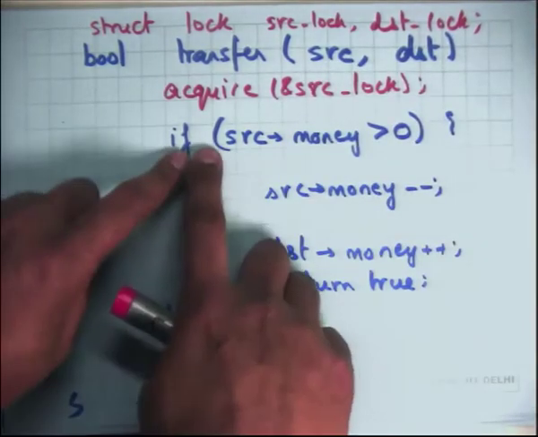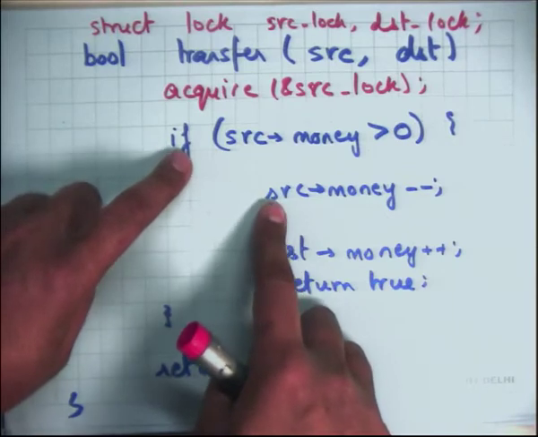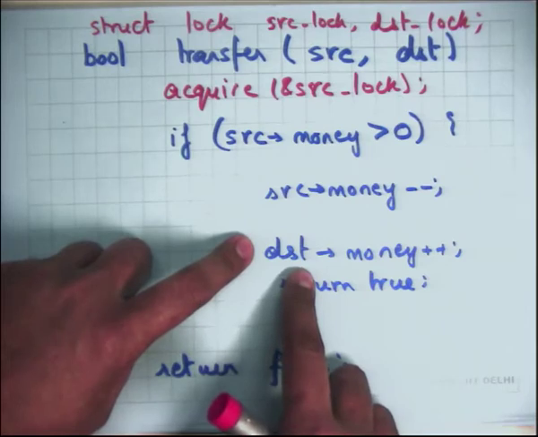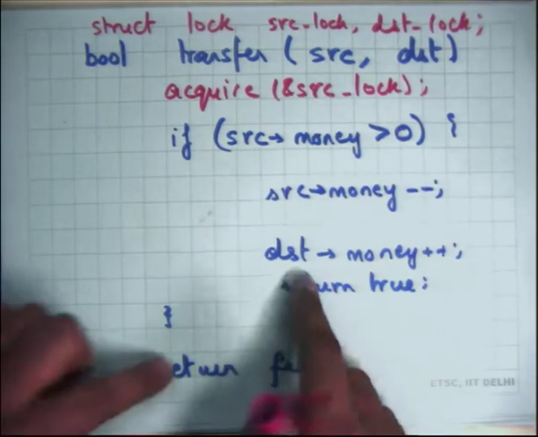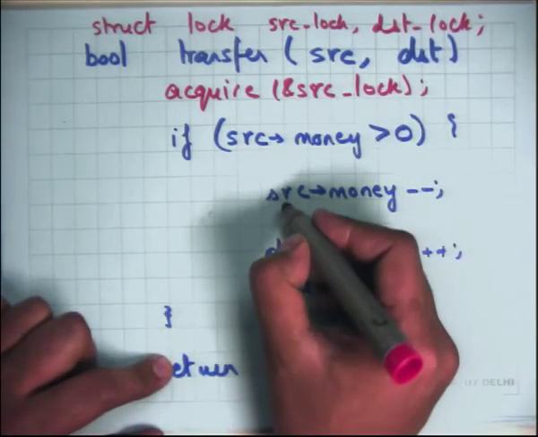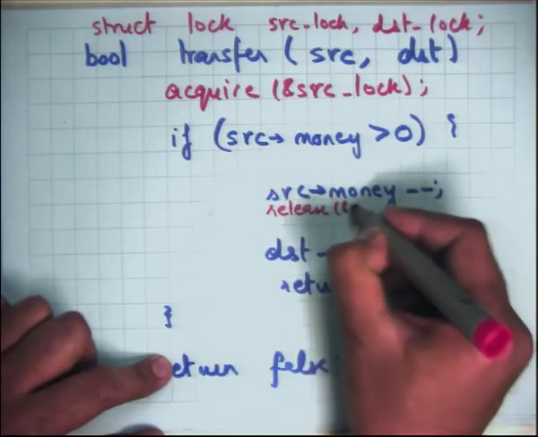Here I'm accessing the source. So I'm going to use a different lock to protect all operations on source, and a different lock to protect operations on destination. So I'm going to say acquire source lock, and release source lock.